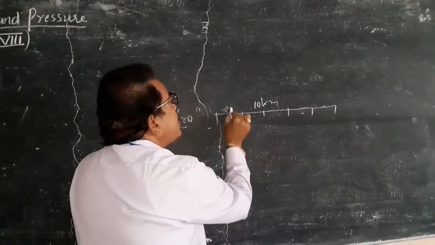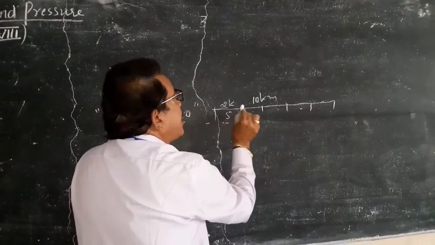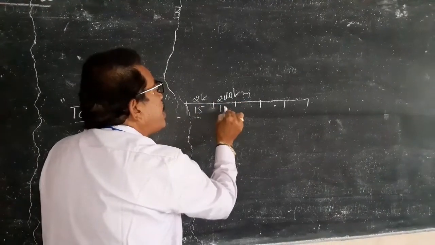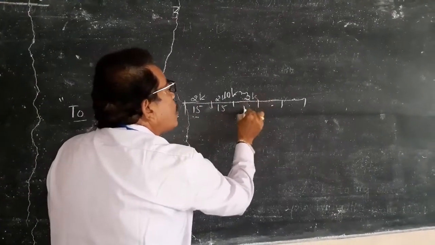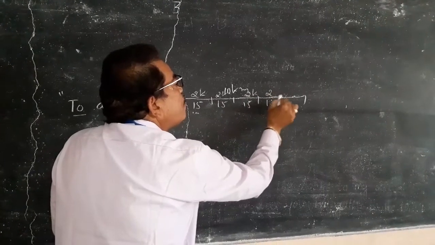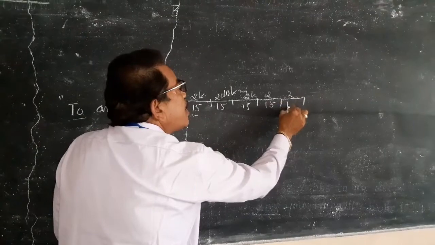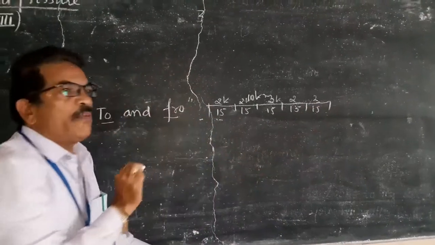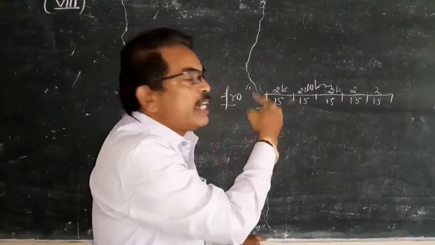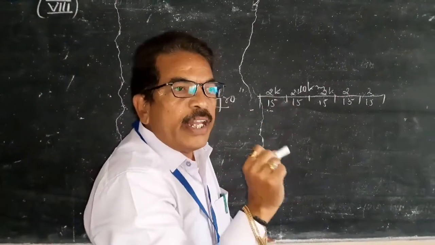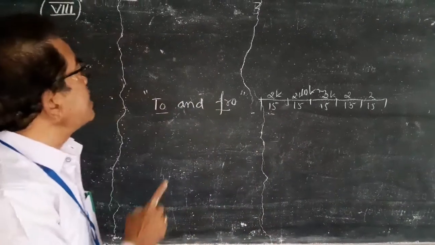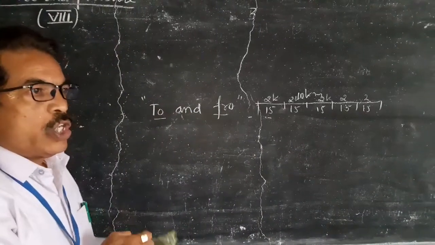If 2 kilometers is covered in 15 seconds, another 2 kilometers should be covered in 15 seconds, and another 2 kilometers in 15 seconds, and so on. In such a way, whenever the object covers equal distances in equal intervals of time, that type of motion is what we call uniform motion.